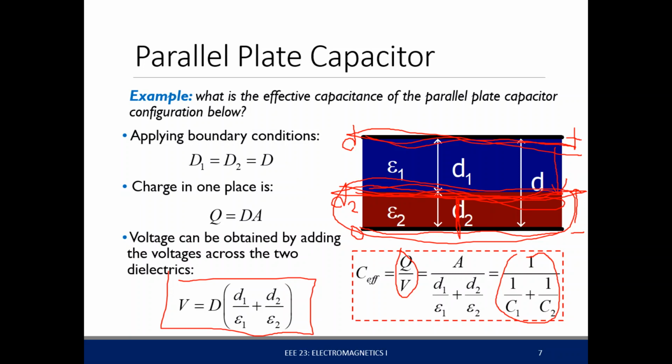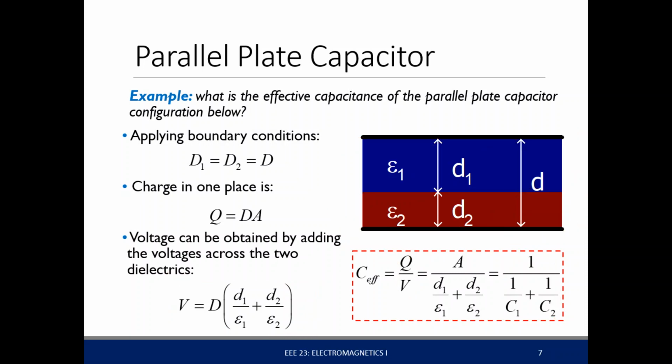Okay, so that's C1. So we have some form of capacitance here, C1, and some form of capacitance here, C2.